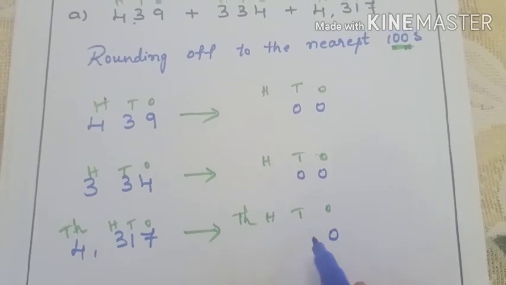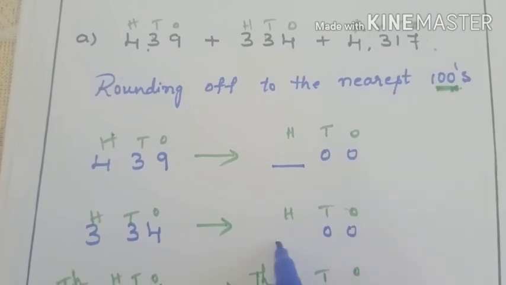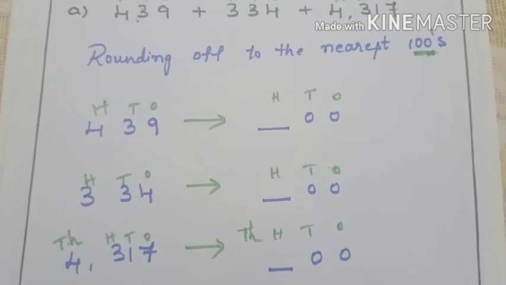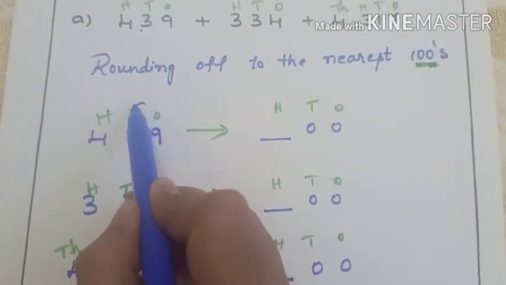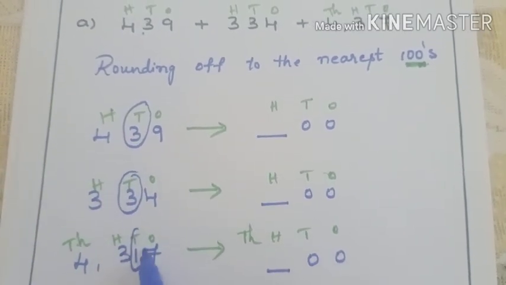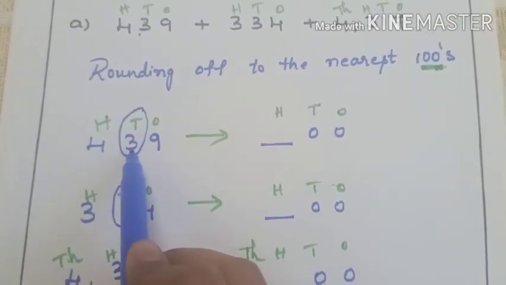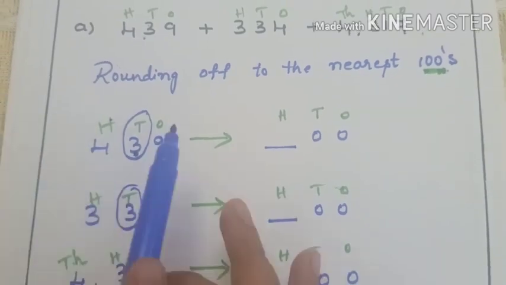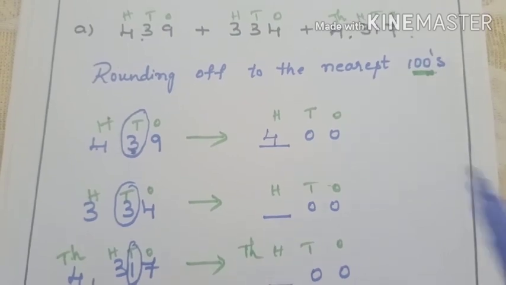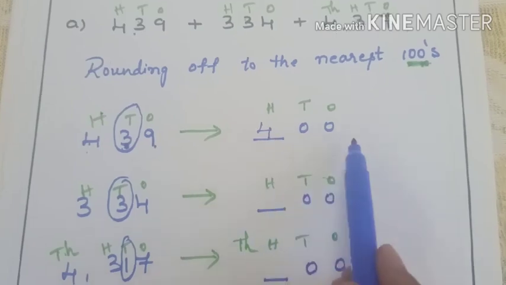Next we have to fill the hundreds place. To fill this hundreds place, you have to check the tens place. So check here. 3 is less than 5, so no need to add anything. Write down 4 as it is. It becomes 400. 439 rounded off to the nearest hundreds will give you 400.